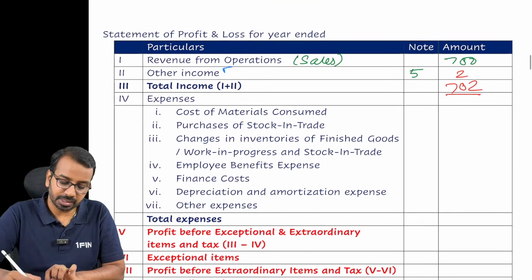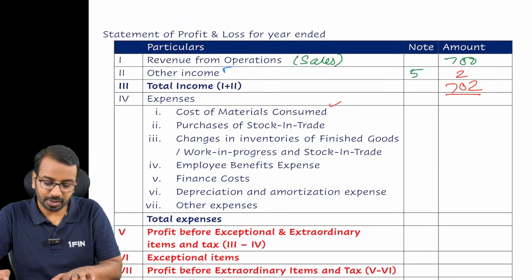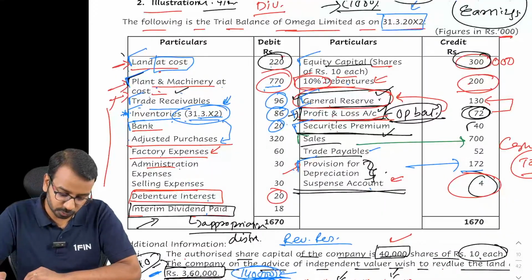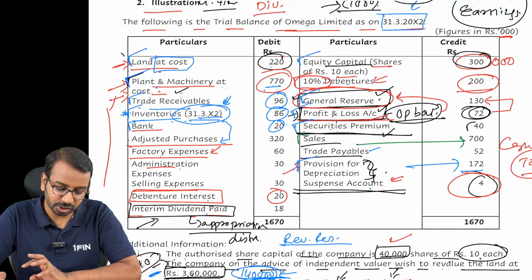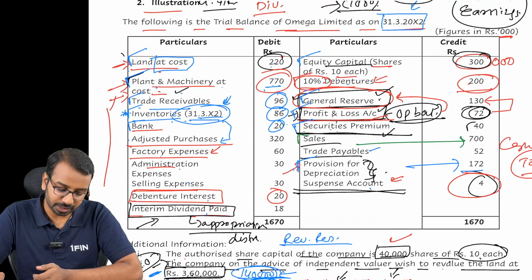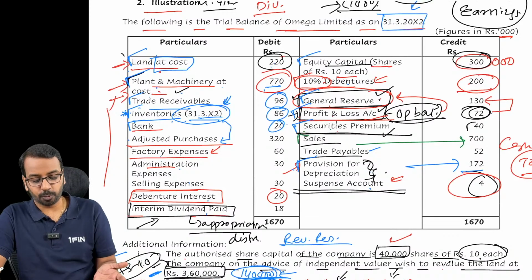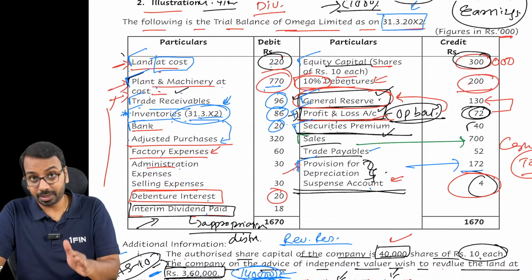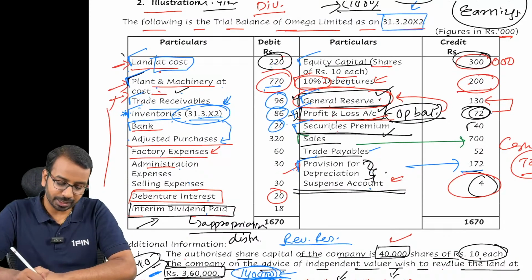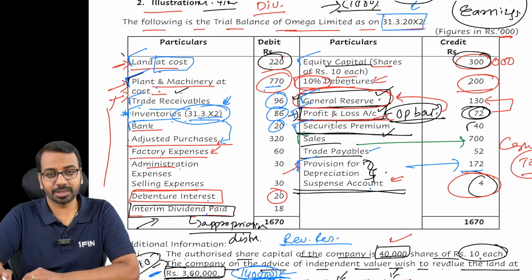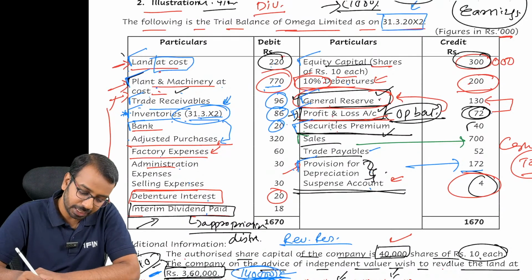Then under expenses we have cost of material consumed and all of that. Let us see what all details do we have. Do we have cost of material consumed? They have not mentioned whether it is raw material purchase or whatever it is, right? So either we can assume that purchases is raw material and accordingly do it, or we can assume purchases is finished goods purchase and accordingly do it, right?